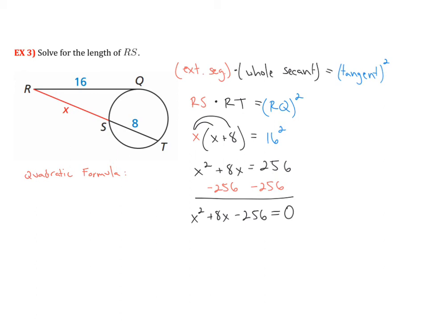It says that if you want to solve for x, x is going to be equal to negative b plus or minus the square root of b squared minus 4 times a times c. All of this gets divided by 2 times a.